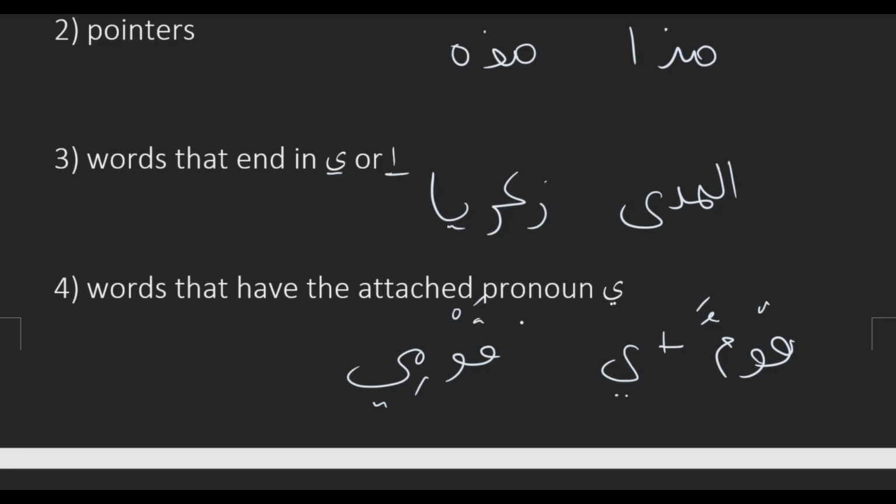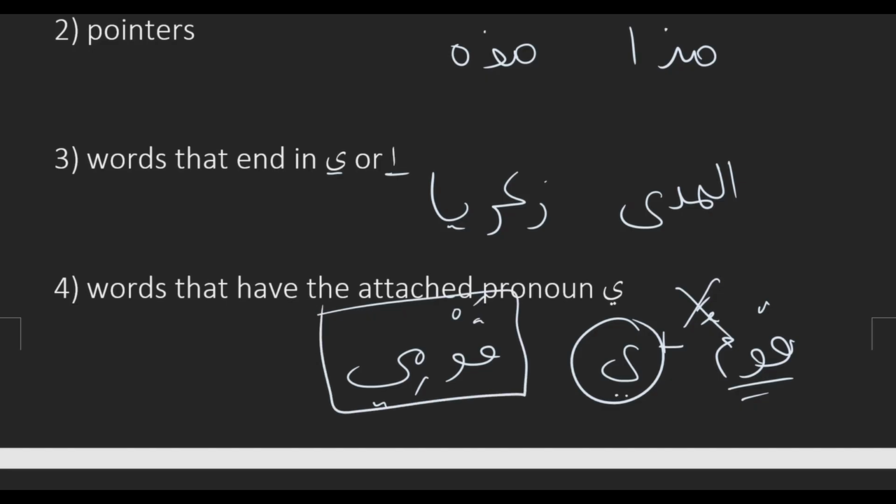Right, so when you add the attached pronoun ya to a word, even if the word can normally take a label, the ya kind of knocks off that label. Because it just doesn't sound smooth. So the idea is that qawmi can either be doer or it can be receiver, but we can't see it. It's hiding the label.